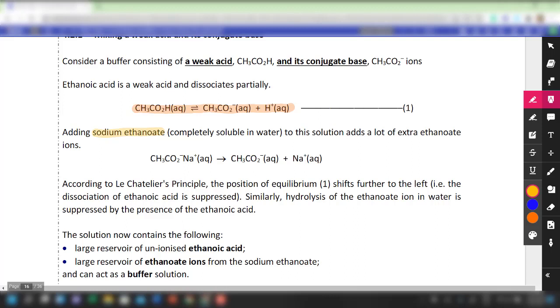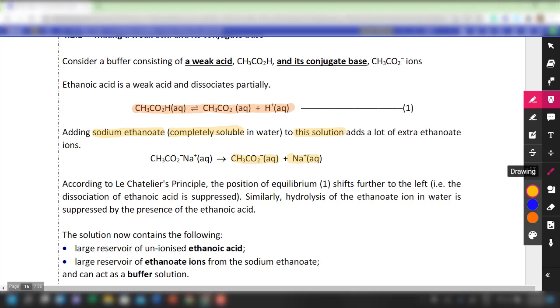So that's why we have this qualifier, completely dissolved in water. When you dump sodium ethanoate into the ethanoic acid solution, the solution will contain a lot of sodium ions and ethanoate anions because it's a complete dissolution.